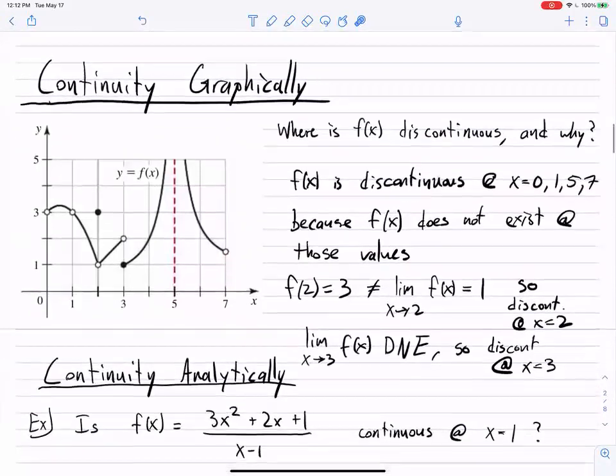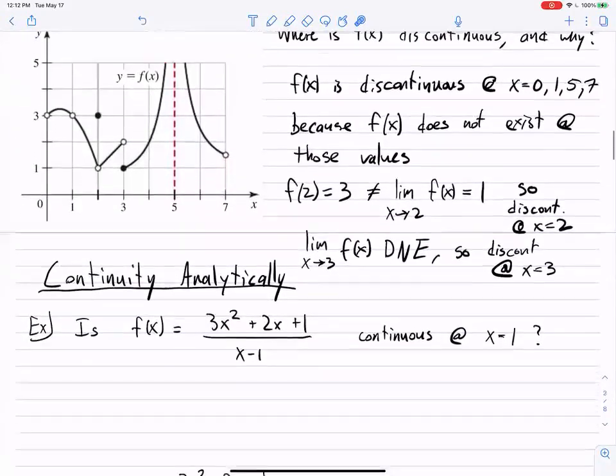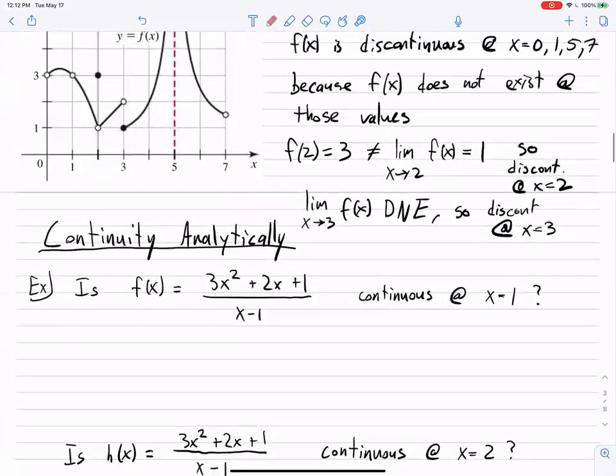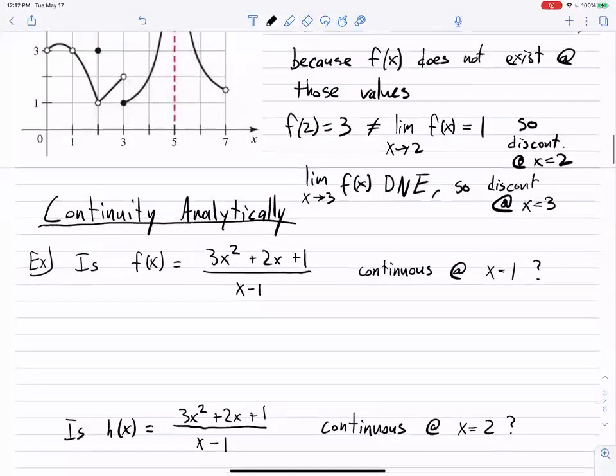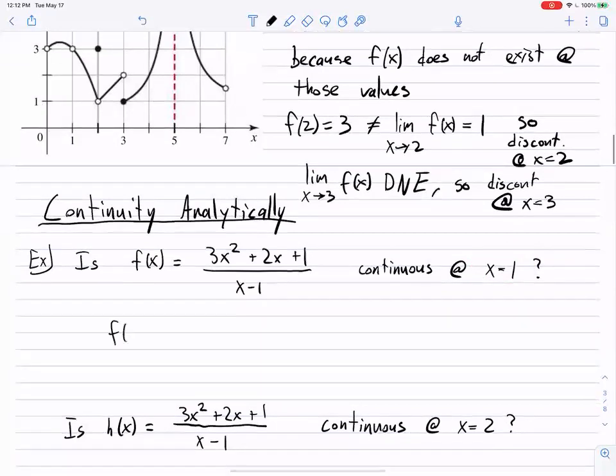How about analytically, meaning using algebra or numerical methods? How can we tell whether a function is continuous at a point? We check whether it exists at 1. What is f of 1? That would be 3 times 1 squared plus 2 times 1 plus 1, over 1 minus 1.